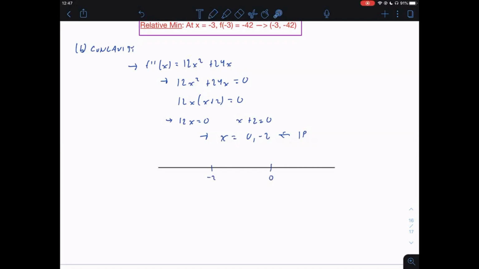Again, we want to determine the concavity of our function based on the second derivative, meaning we're going to take the test points that we pick and plug them into the second derivative. If we plug in -2 and 0, the two inflection points we found, it's going to give us 0 each, because these two numbers were the zeros that we solved for from the second derivative.